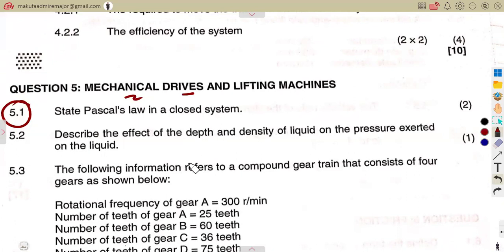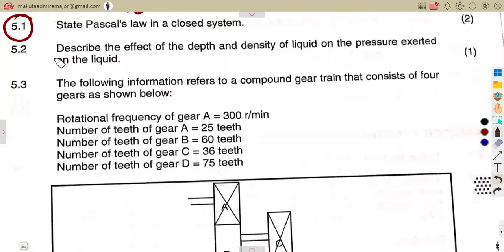So it's all about the pressure that is being exerted on a surface which is enclosed. So it is going to be transmitted equally in that closed system that we are given. So that is our part.